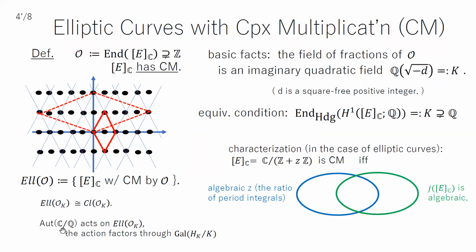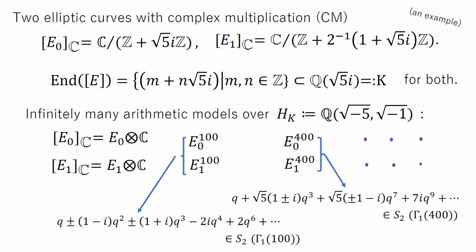But it is further known that this action factors through a quotient, which is a finite group, of the Galois group of what is called the Hilbert class field over the field K. I'm not explaining what the Hilbert class field is in this presentation, but this is the example where the imaginary quadratic field of complex multiplication is Q with the square root of -5.